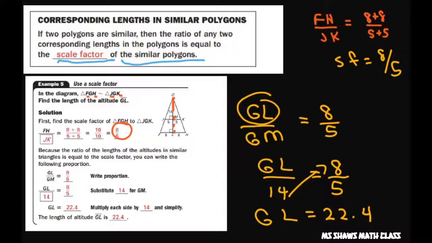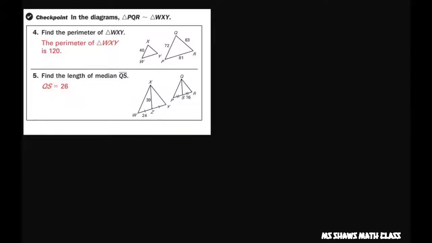All right. And the last note is we need to find the perimeter of which triangle? This one. So first of all, let's find the scale factor. So we know WX goes with PQ. So it's PQ to WX is the scale factor.